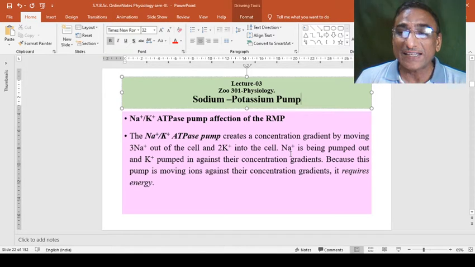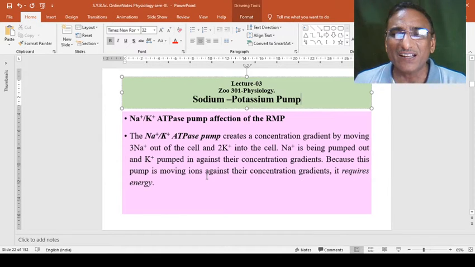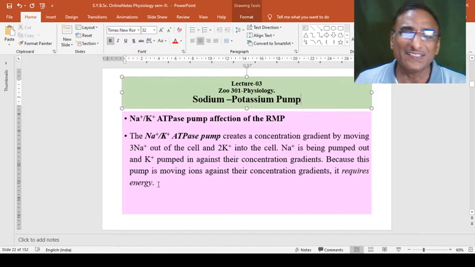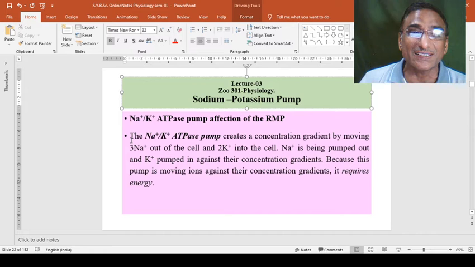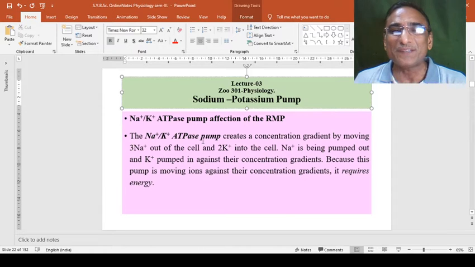Sodium ions (Na+) are pumped out and potassium ions (K+) are pumped in against their concentration gradient to maintain the equilibrium. Because this pump moves ions against their concentration gradient, it requires energy in the form of adenosine triphosphate, or ATP. Therefore we call it a sodium-potassium ATPase pump.